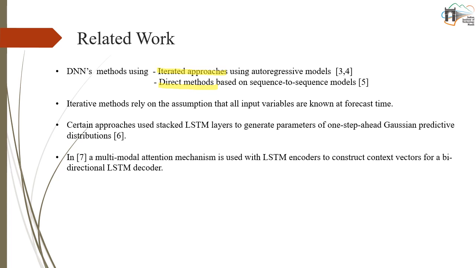First, these iterated approaches basically utilize autoregressive models, for example ARIMA or ARIMA-based models. In these autoregressive models, predictions are made by recursively feeding the previous predictions into our future inputs.